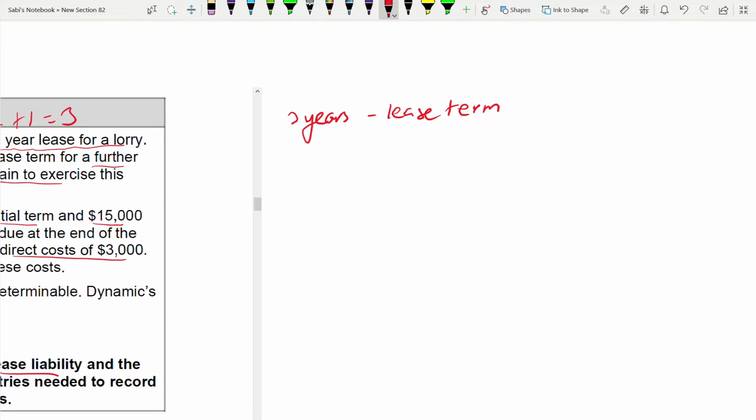Now for how many years? It's for 3 years, so you need to calculate for 3 years. You can do this in your Excel. Dates: 31st December 2001, 31st December 2002, 31st December 2003. Now comes your cash flow in dollars.